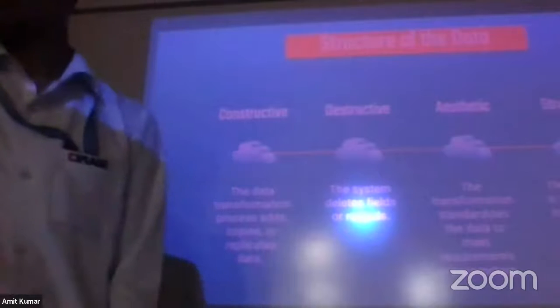The analyst who wants to do data transformation has four structures of data in mind: constructive, destructive, aesthetic, and structural. And you can see I have explained all this information about the structure of data.